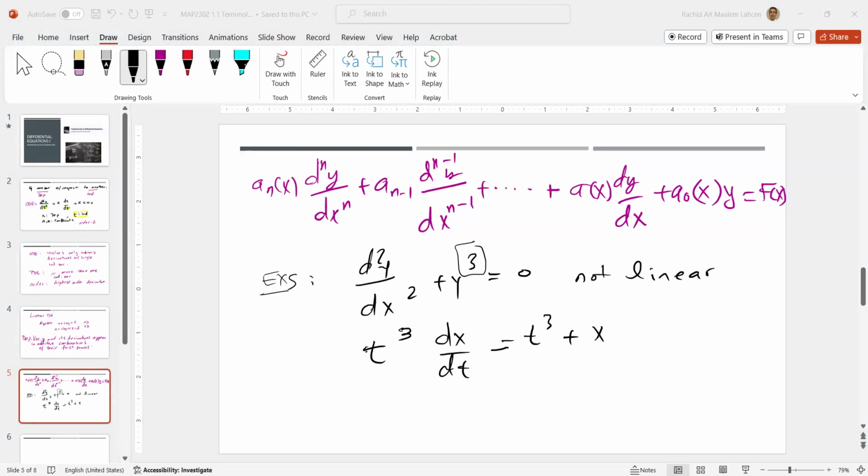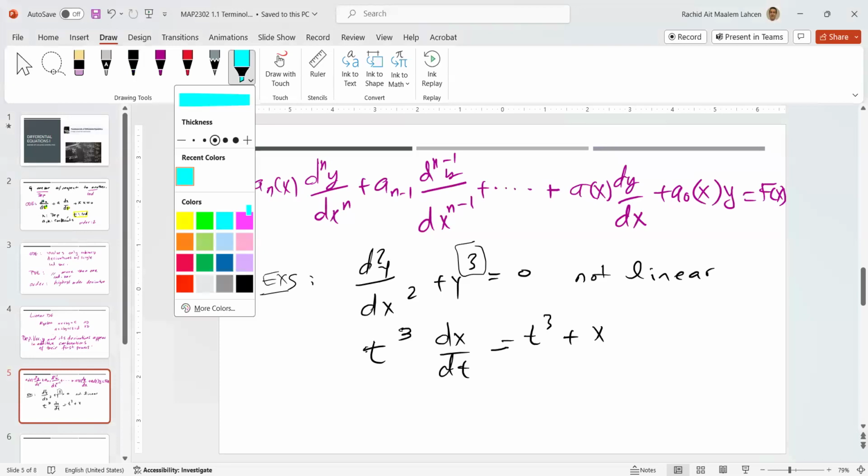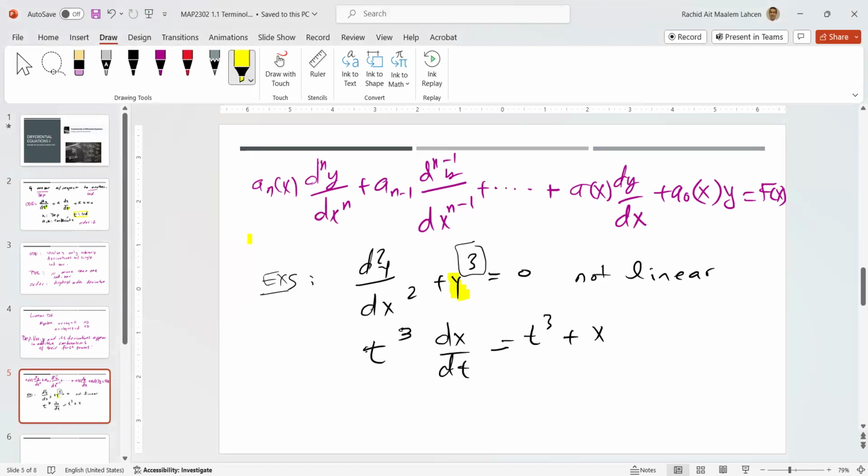All right, so as you see in this first one, y is a dependent variable. But here t is not a dependent variable; it's independent. So although they look similar, this one is linear. The independent variable here is t, and the dependent variable is x.